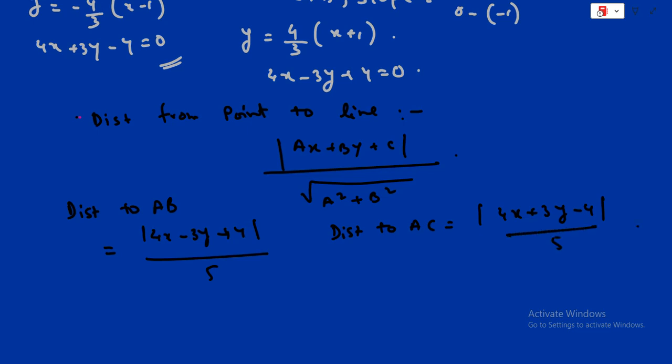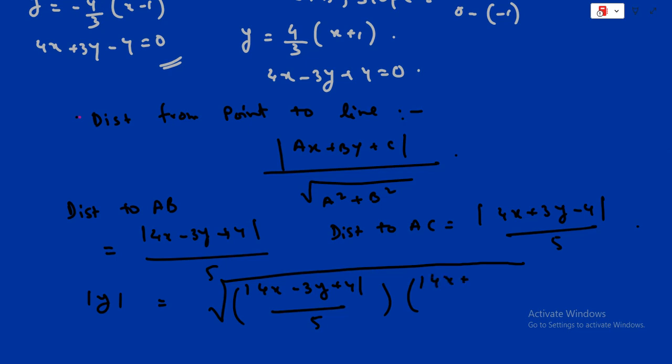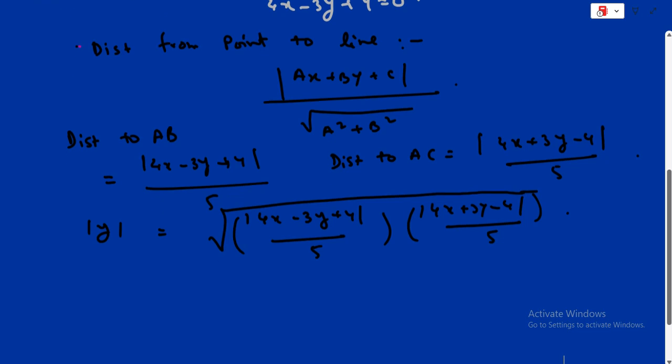Now apply the given condition: mod of y is the root of mod of (4x - 3y + 4)/5 into mod of (4x + 3y - 4)/5. Now square both the sides.